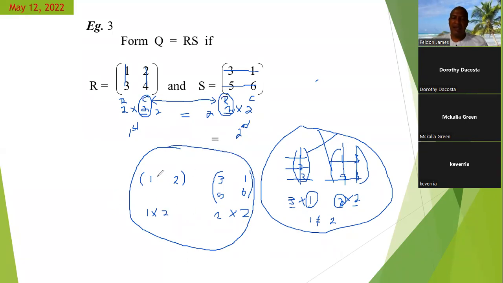how many rows do we have for the first and how many columns? Ms. Kevera? So I have 1 row. 1 row for the first one. And when you come down, 1, 2, we have 2 columns, right? So the order is 1 by 2: 1 row by 2 columns.